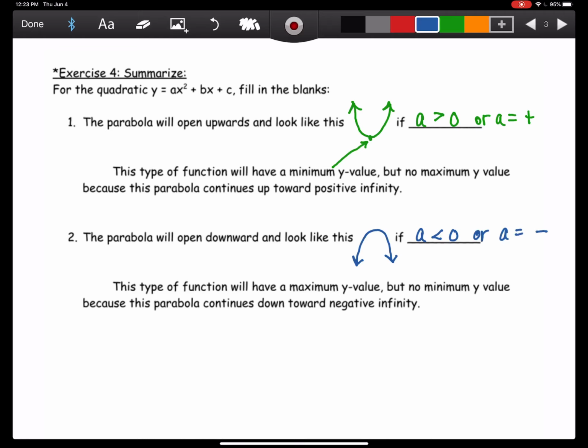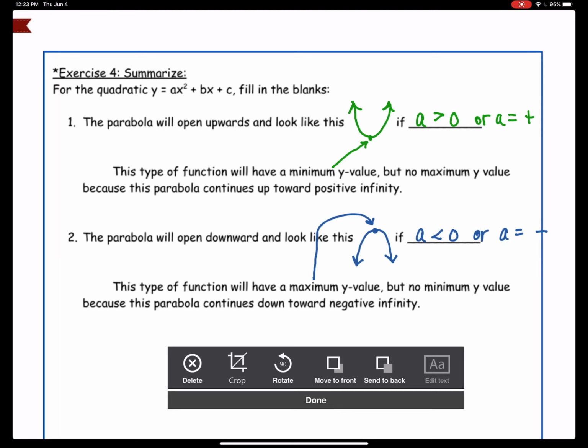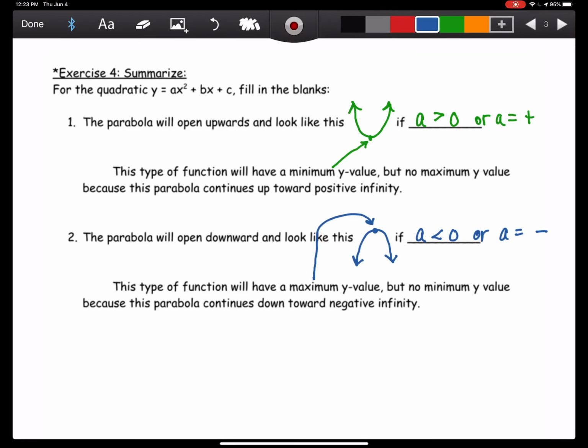Again, this type of function will have a maximum y, so I'm going to have to cut through here and point to it. A maximum y, but no minimum y, because the parabola doesn't have a lowest y value: it opens downward and continues toward negative infinity. Goes down, down, down.